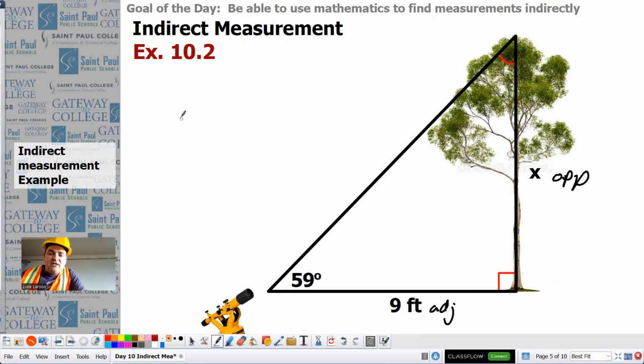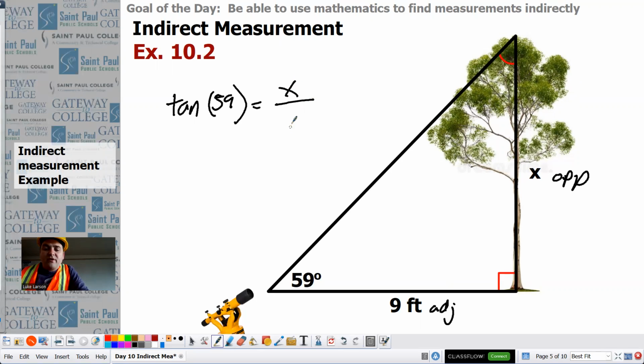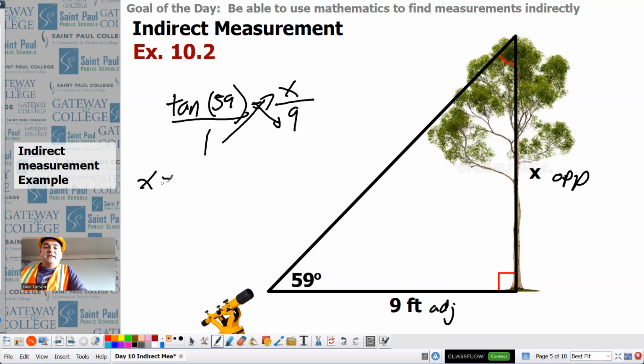So for us, it's going to be the tangent of 59 equals the opposite x over the adjacent 9. Put that over 1. We take the cross product: 1 times x is x equals 9 times the tangent of 59.